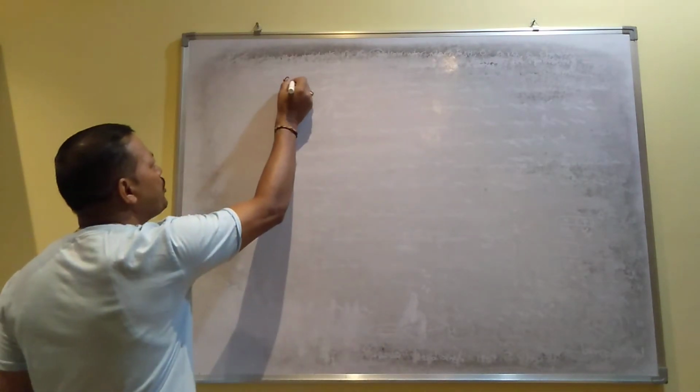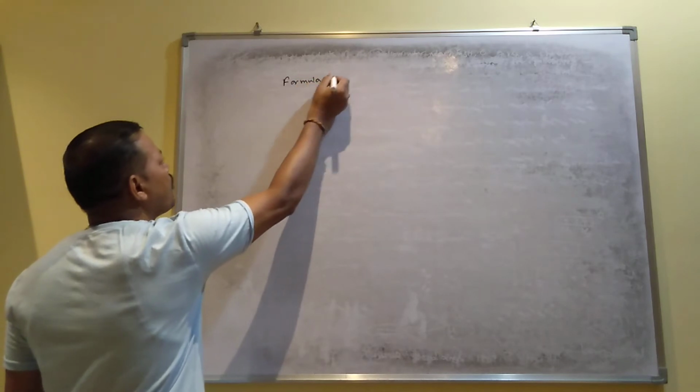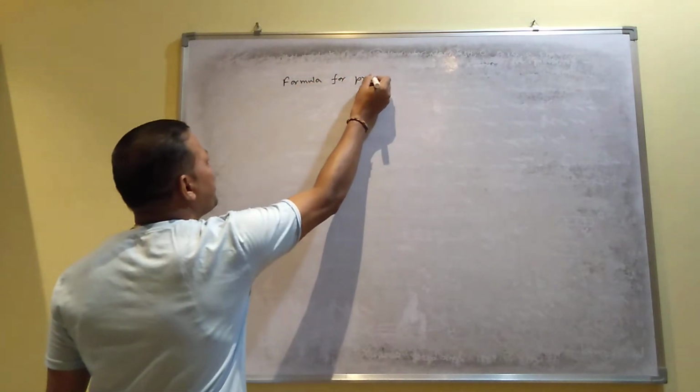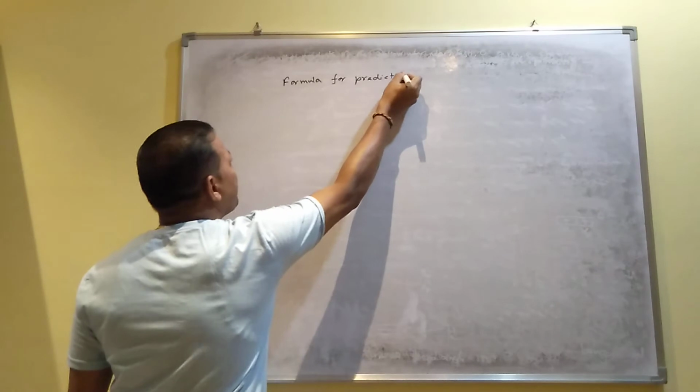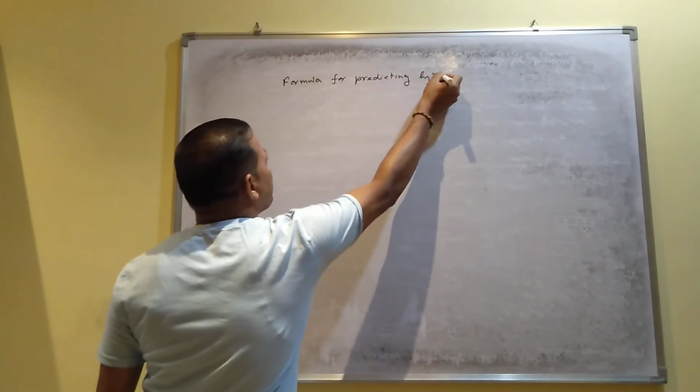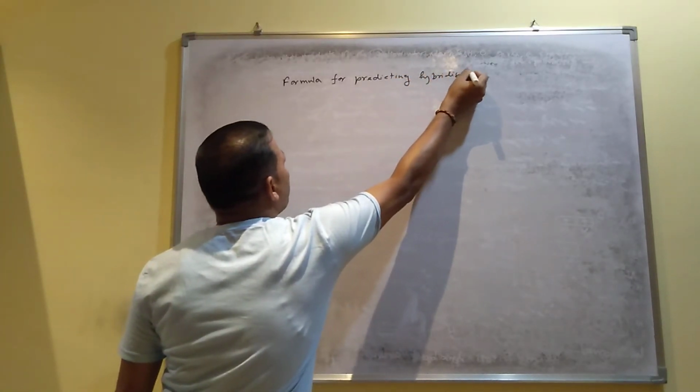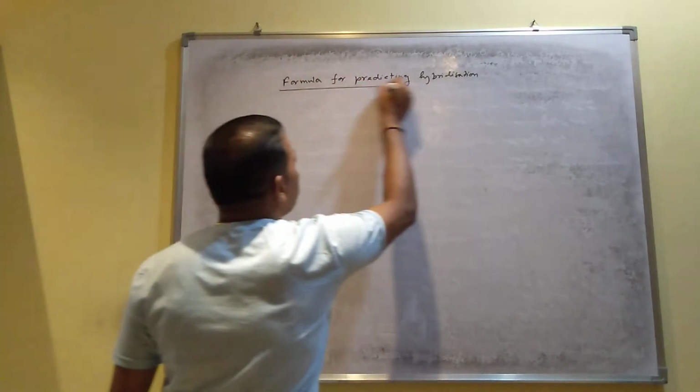So now I will give you the formula for predicting hybridization. If you know this formula, then you can find out the hybridization state.